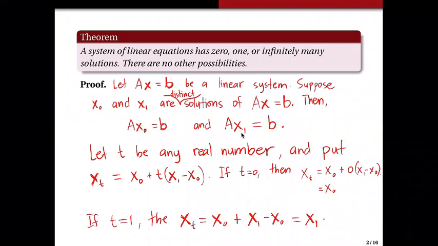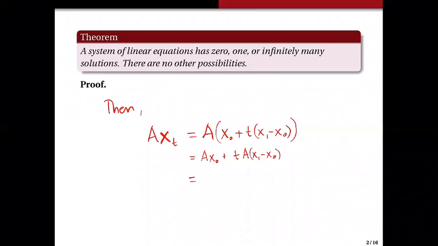Same is true with x sub 1. Okay? It's also a solution and this is satisfied. And again, x sub 0 and x sub 1 are distinct, which means that this guy here, A x sub 0, this is just b. And then plus t. For this guy, let's just distribute that so that you will have A x sub 1 minus A x sub 0.